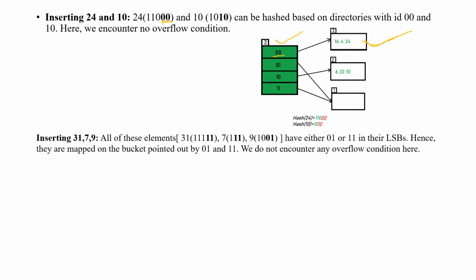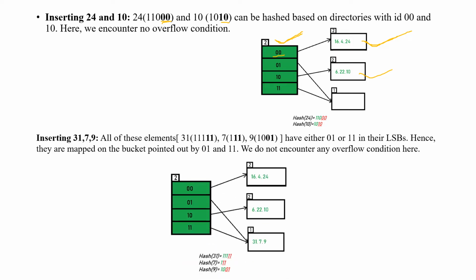Now if you want to store 10, check the 2 LSB bits, because your global depth is 2. The 2 LSB bits are 1 0, so 10 is going to be stored here. Now suppose my next elements are 31, 7 and 9.